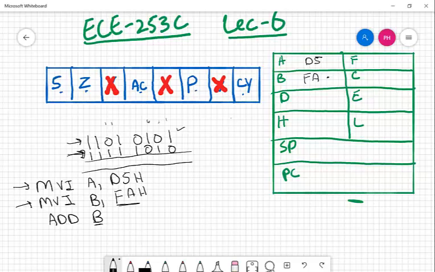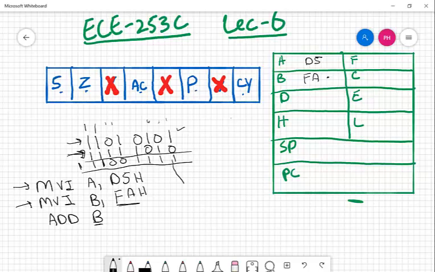If I add this manually, I get 111001111 with a carry. I got a 9-bit number, so I have a carry, and only the lower 8 bits will be stored in the accumulator.